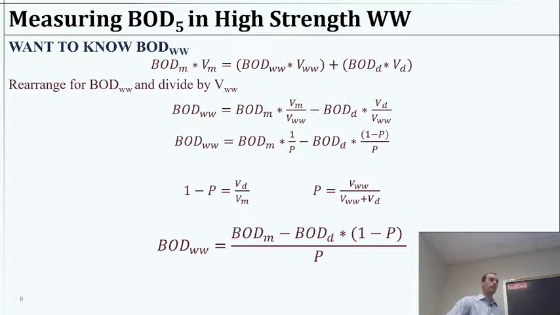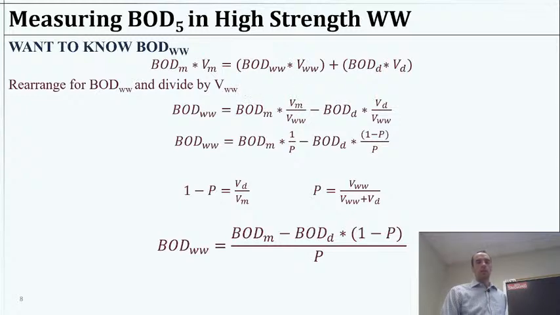So if we want to solve for just BOD of the wastewater, this is just going to be a rearrangement of the mass balance. We have the mass balance as the BOD in the mixture times the mixture volume equal to the other things. But if we just wanted to rearrange and solve for BOD of the wastewater, we can go ahead and subtract some things from both sides and then divide by the volume of the wastewater.